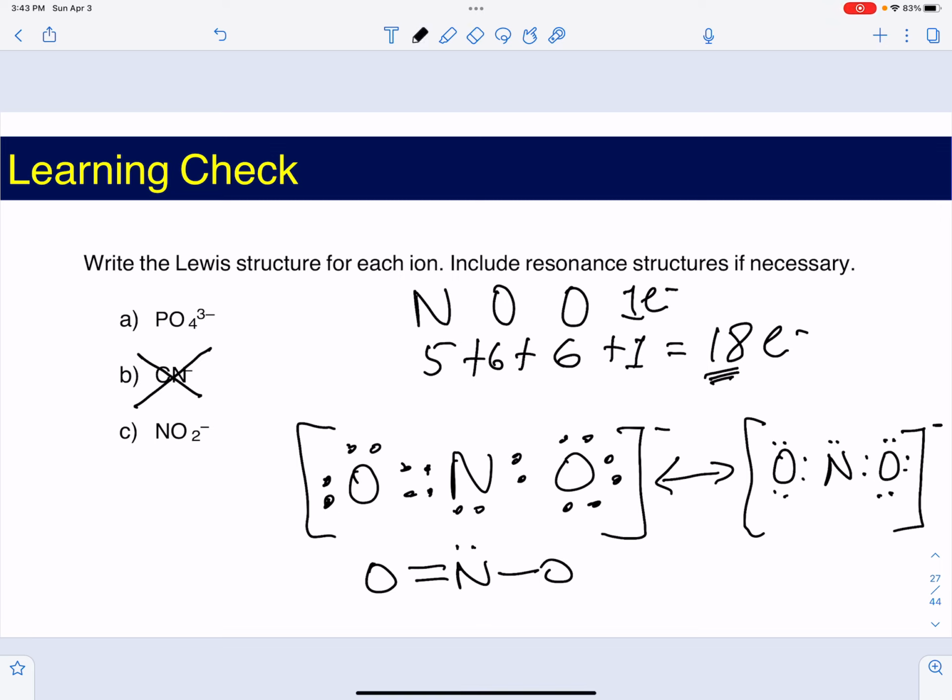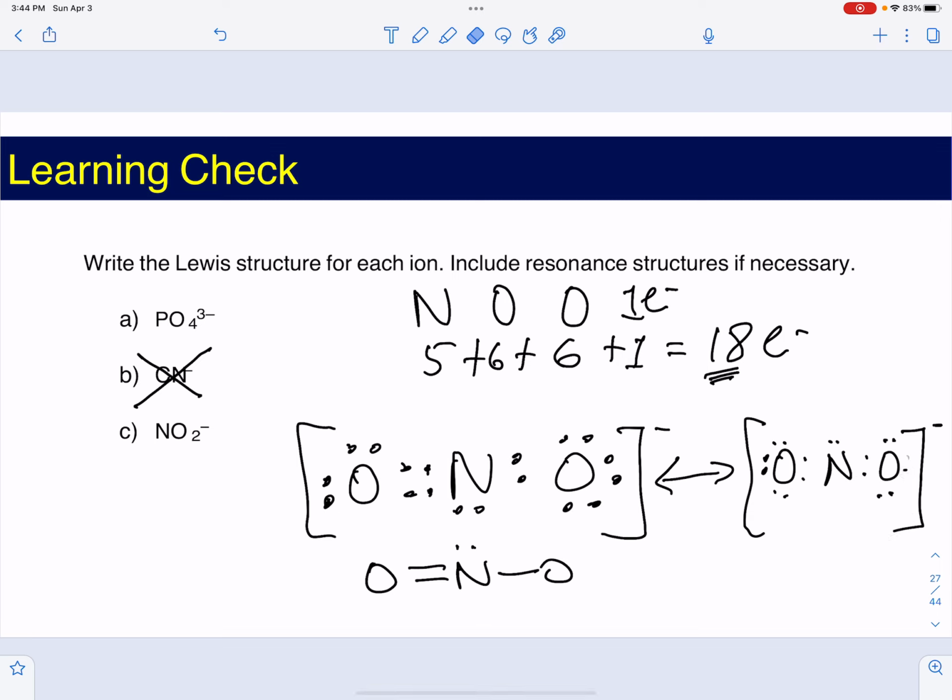I'm going to put those electrons back over here. But now what I'm going to do, I'm going to take these 2 electrons and I'm going to move them over here. But now the nitrogen doesn't have enough. So I'm going to take these 2 electrons and I'm going to put them there.